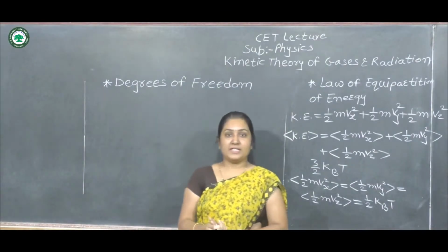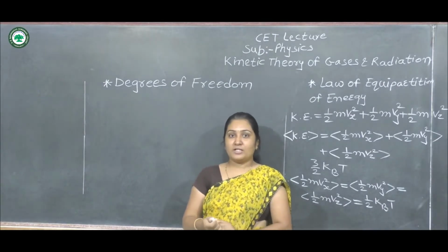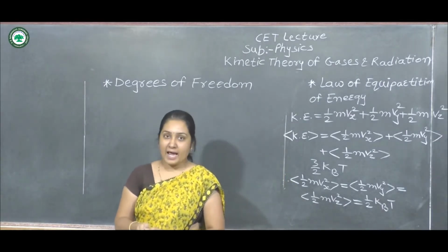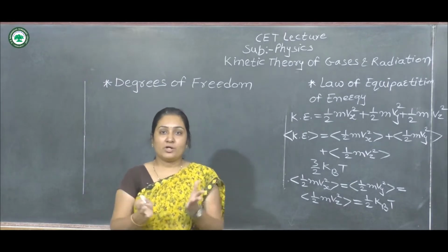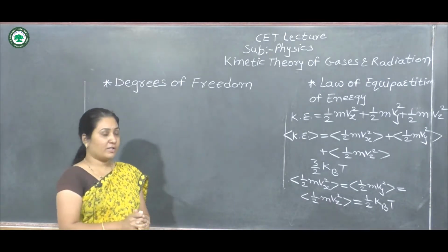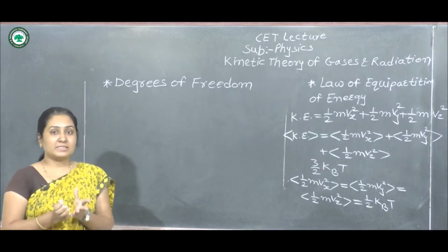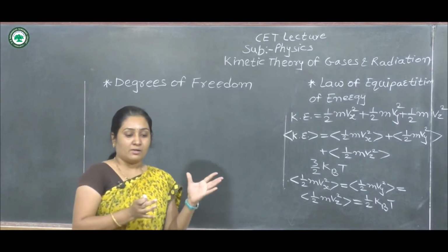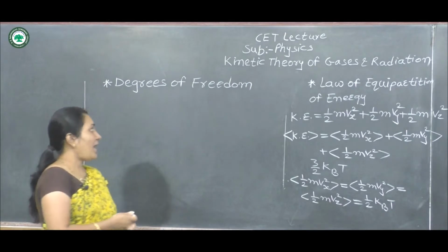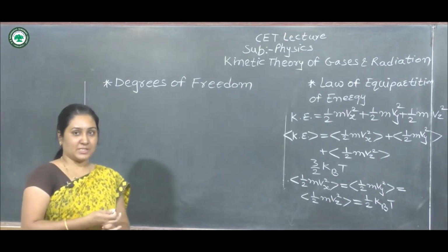Next point is degrees of freedom. Degrees of freedom are defined as the total number of coordinates or the independent quantities required to describe the position and configuration of the system.